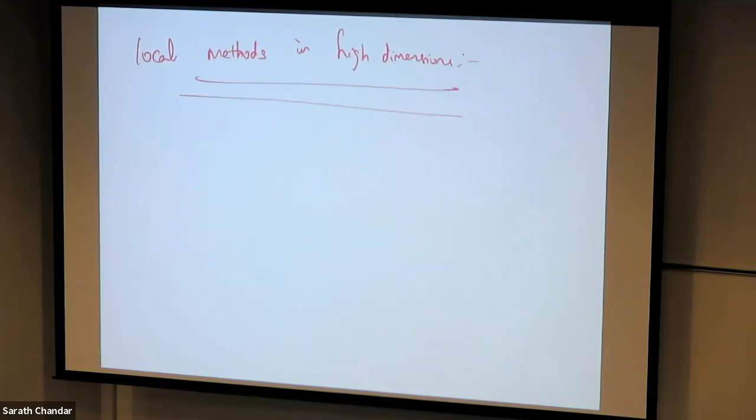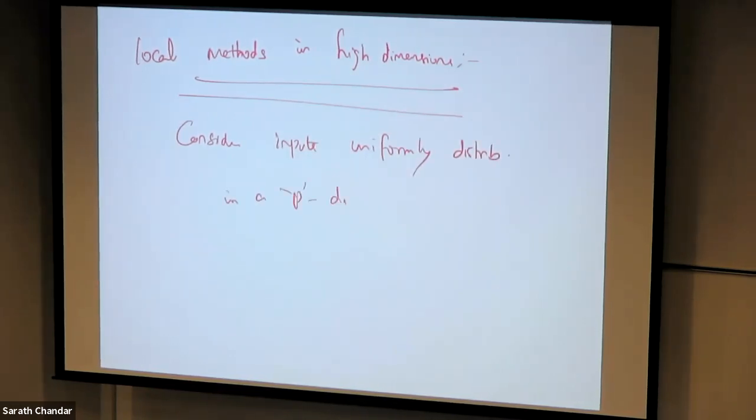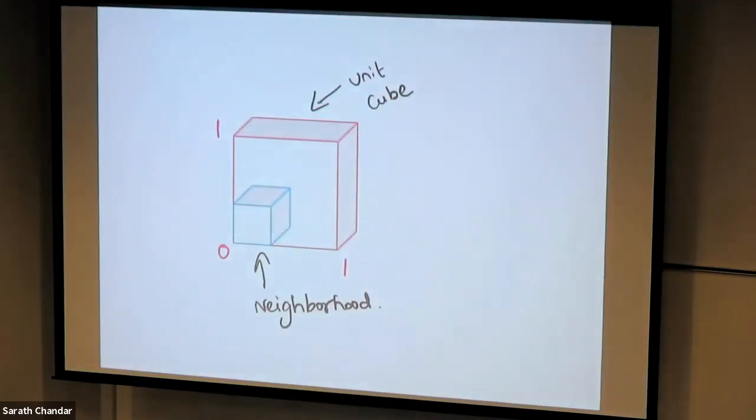Okay, now to do that, we are going to consider data to be in cubes. So we have p features, then we are going to consider inputs uniformly distributed in a p-dimensional hypercube. Here is how such a cube would look.